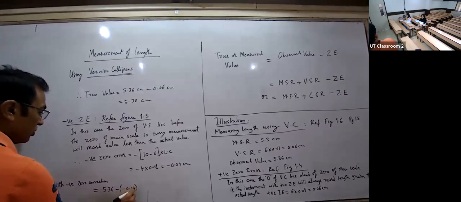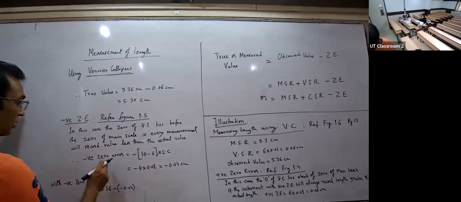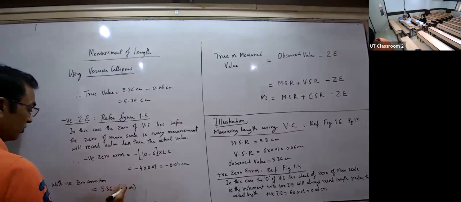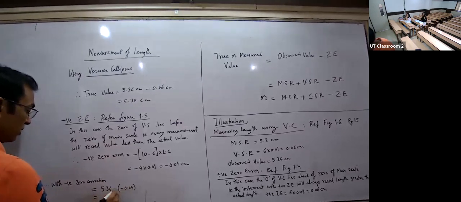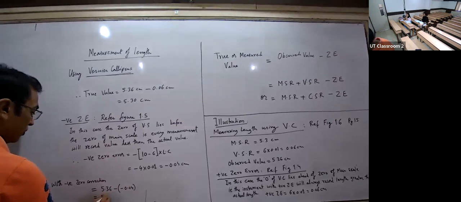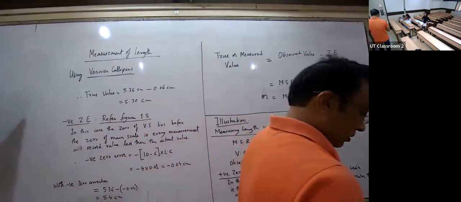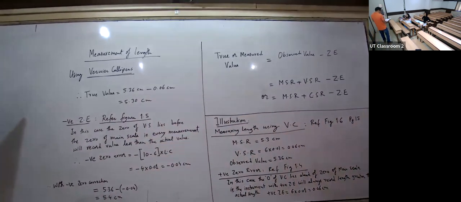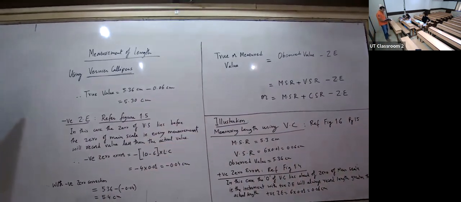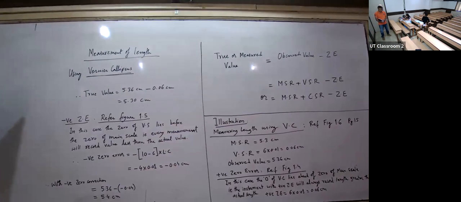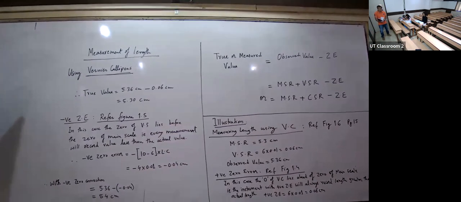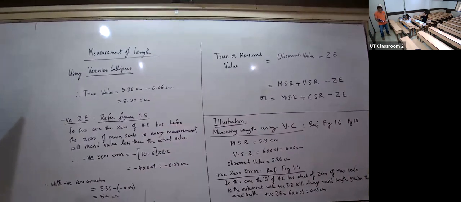It will get added, right? Because the measured value is always less, so it has to increase. So 5.40. Got it? So this is all about the vernier scale and how to take measurements with zero error correction, right?